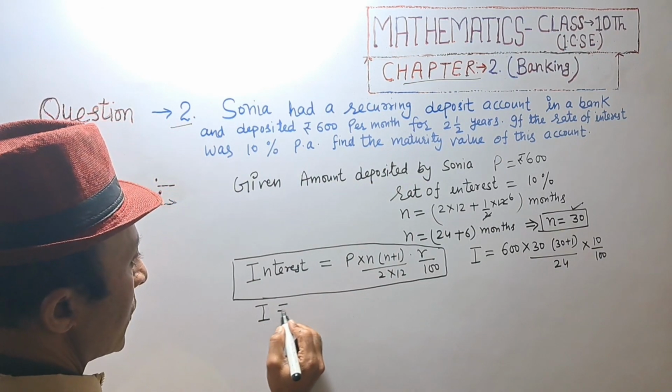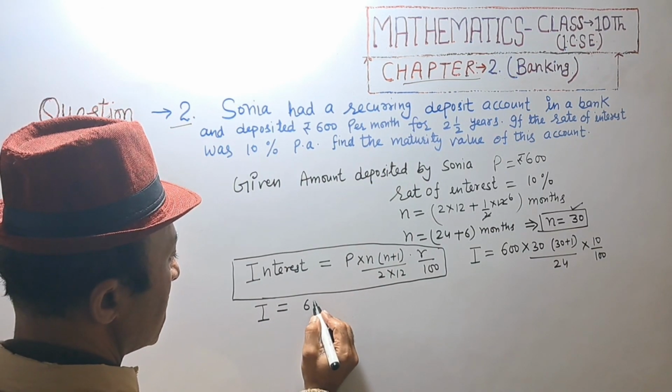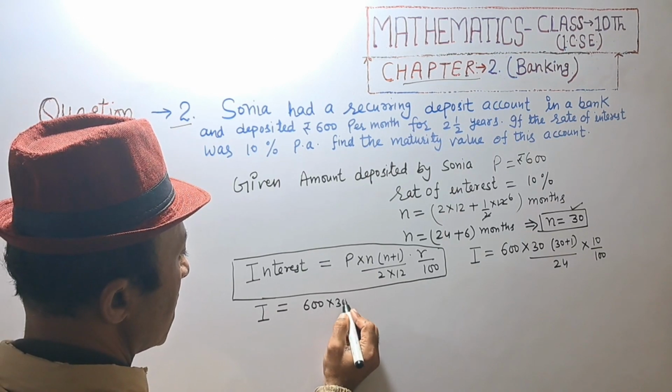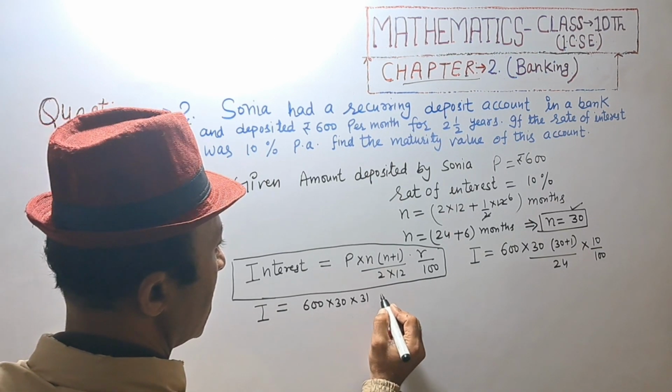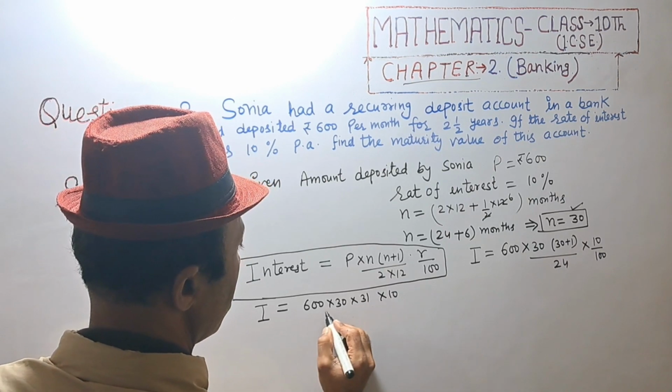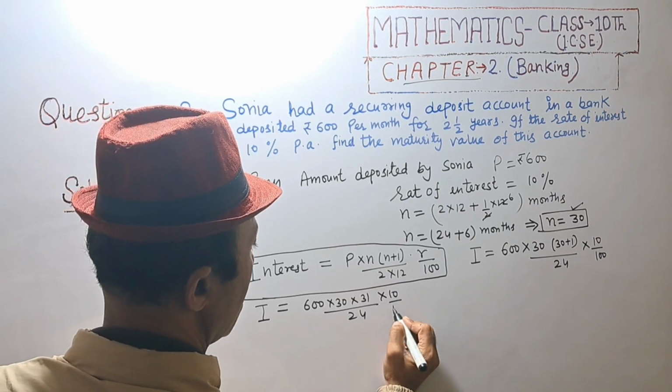Interest is equal to 600 into 30 into 30 plus 1, 31 into 10 divided by 24 upon 100.